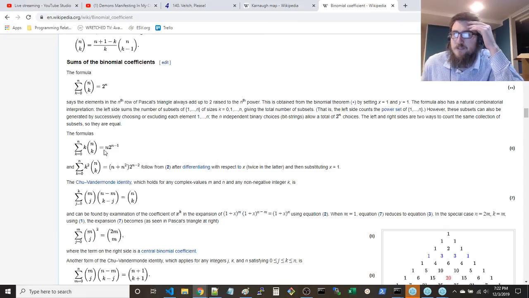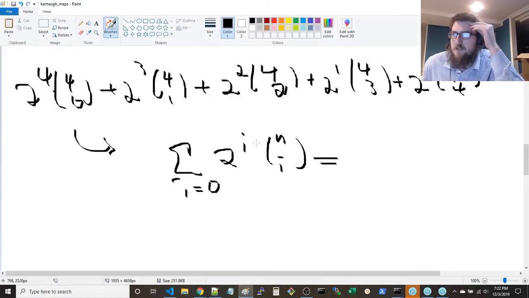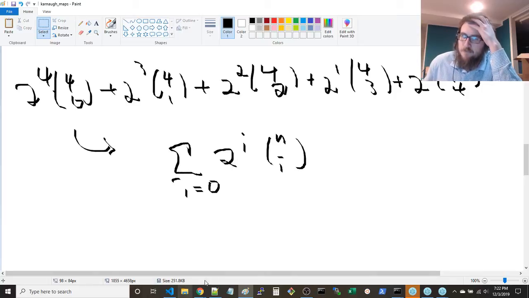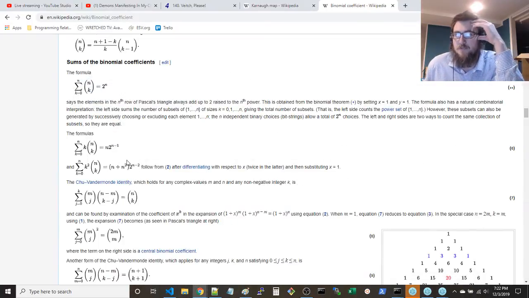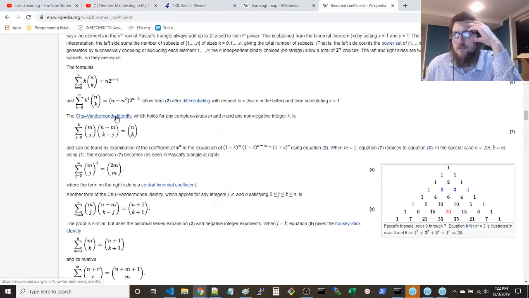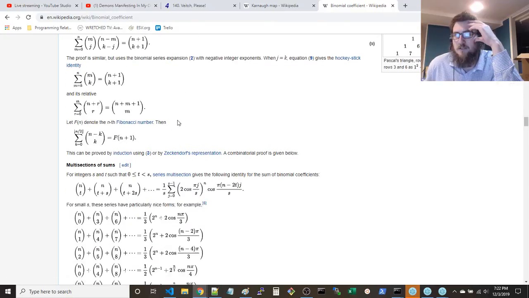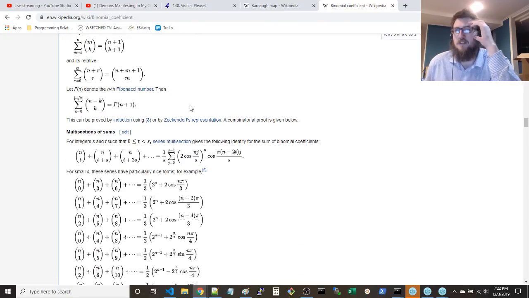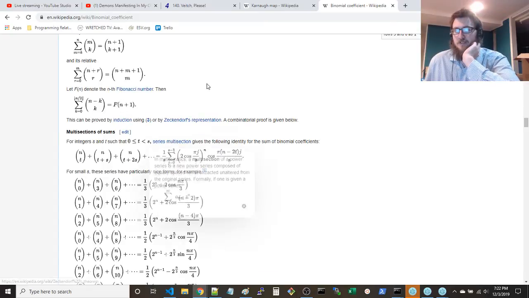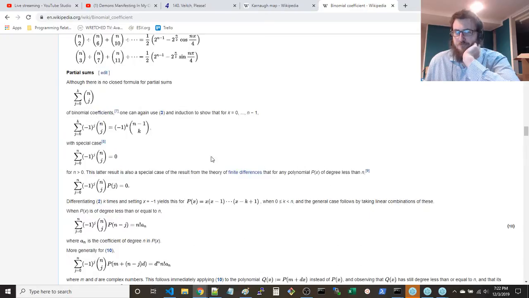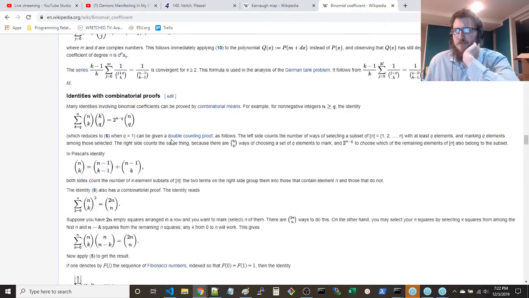Oh yeah, no it is, right? I times n to the I. No, this is not. This is actually a lot more expensive than that. The Vandermonde identity, hockey stick identity, Fibonacci's. That's kind of cool. Multisections. Partial sums.